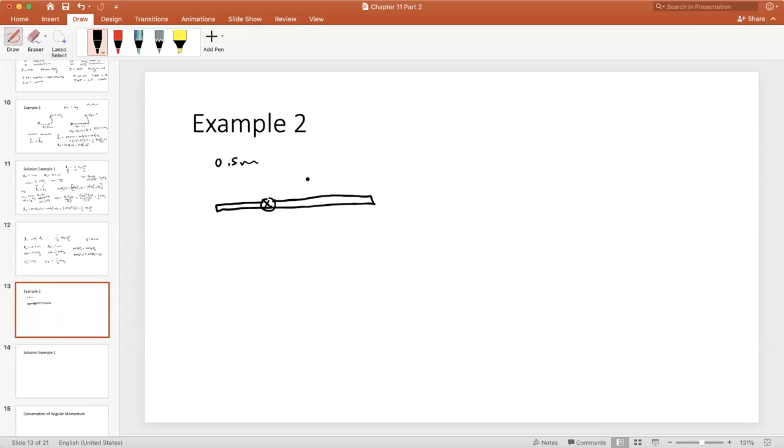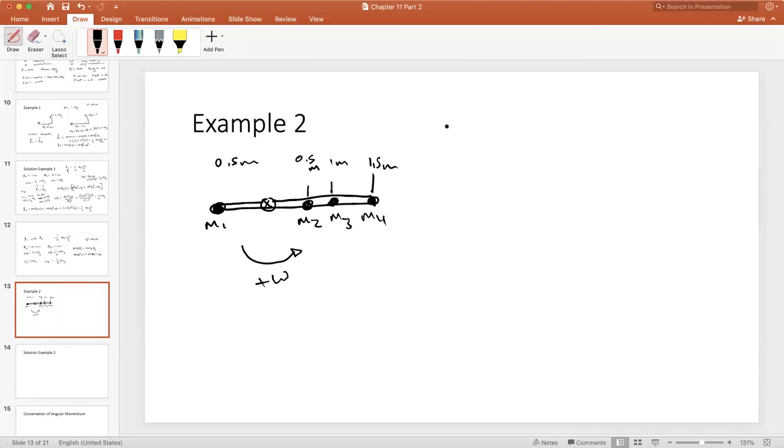So at 0.5 meters, at 1 meter, and at 1.5 meters from the axis of rotation, I have a mass here, I have a mass here, I have a mass here, and I have a mass here. So call this mass 1, mass 2, mass 3, and mass 4. And this whole rod is going to rotate with positive angular velocity in a counterclockwise direction.